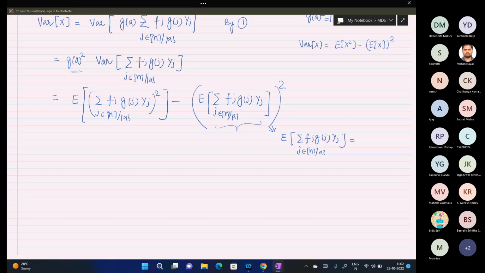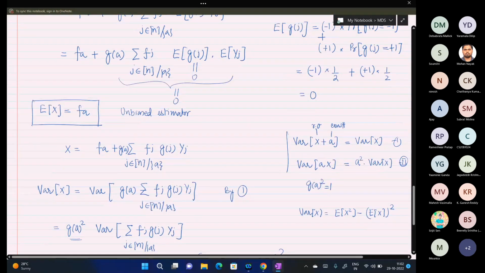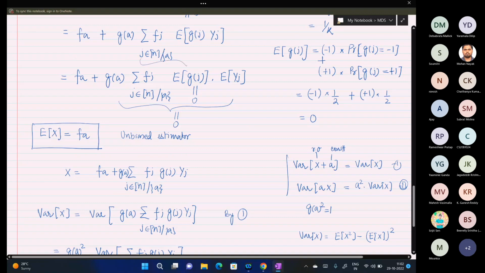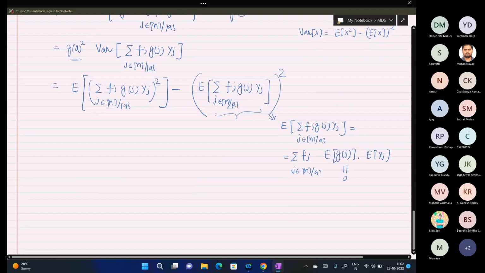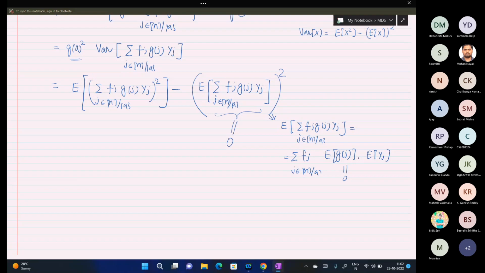Why? Let me redo it once more. By linearity of expectation, we'll get the expected value of Gj into the expected value of Yj. And this is 0 because it takes value +1 or -1 with probability half. Right? So the same thing we did over here. So this term will vanish. Now we are left with this term.